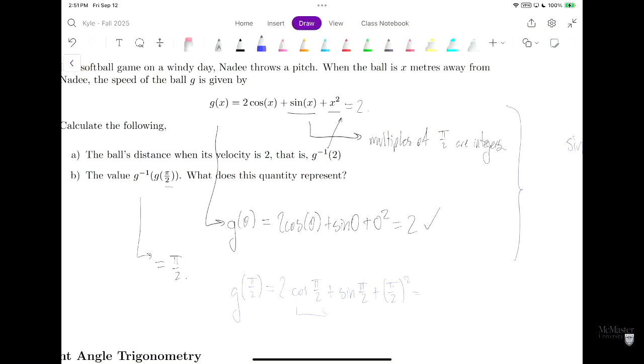So this cosine of pi over 2 is going to be 0. Sine of pi over 2 is 1, so we have 1 plus pi over 2 squared. And then if we were to take the inverse of this, yeah, this should be fine.